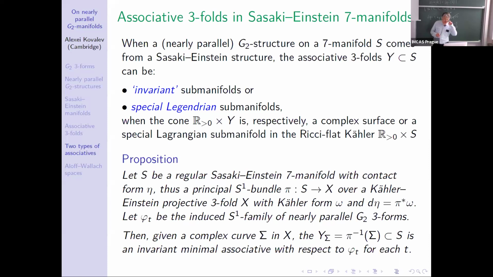And consider the induced S1 family of nearly parallel G2 3-forms. Then if we start from any complex curve in a complex 3-fold X and consider its pre-image in the 7-dimensional manifold S, that will be an invariant minimal associative with respect to this G2 structure phi_t for any choice of a real parameter t.